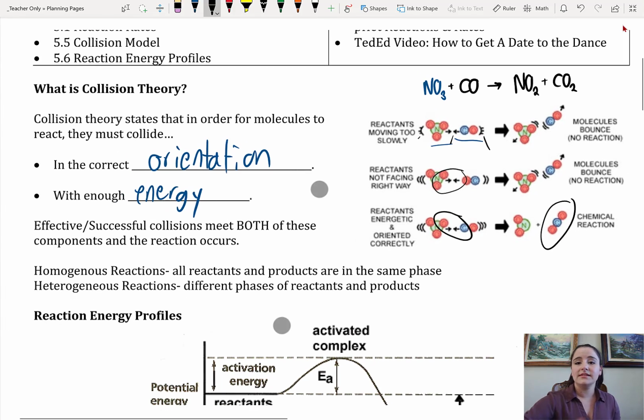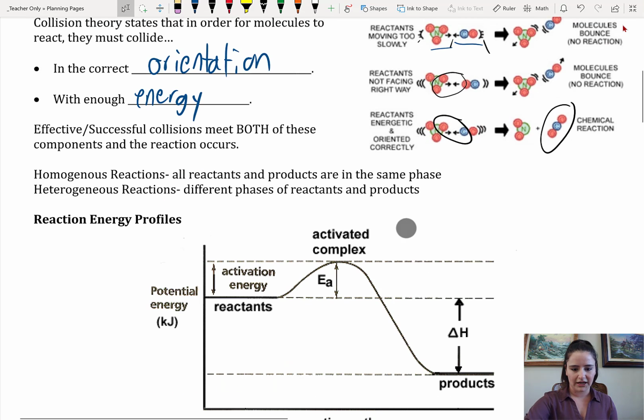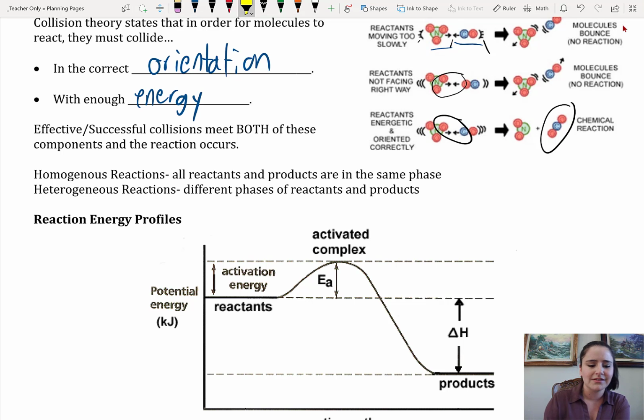Now, this also is affected by the phase of the chemicals that we're talking about. So sometimes, especially when we're talking about catalysts and stuff, we'll talk about homogeneous reactions versus heterogeneous reactions. Basically, if everything's in the same phase, then we don't need to consider it too much, okay?